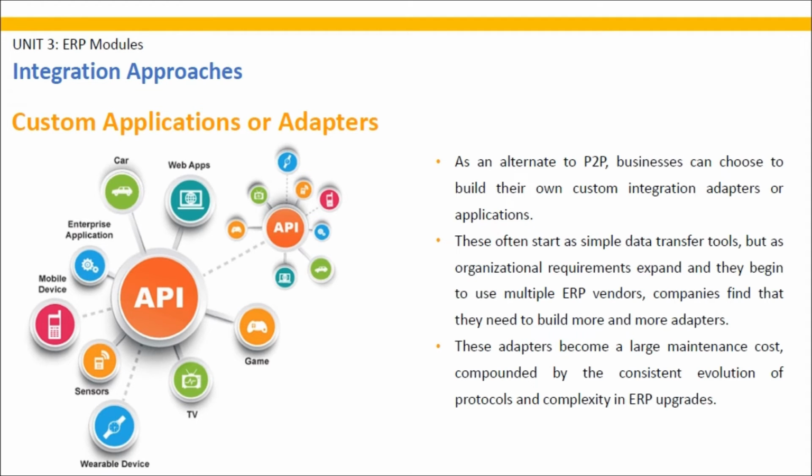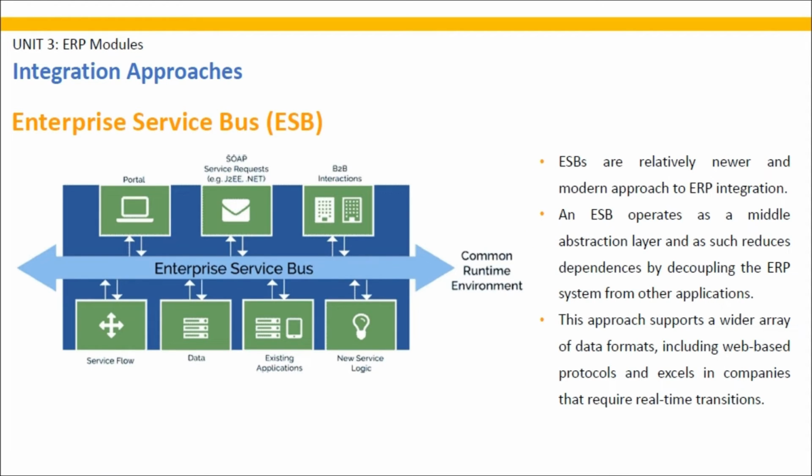When it comes to the more focused enterprise service bus, this is a relatively newer, modern approach to ERP integration. The enterprise service bus operates as a middle abstraction layer, or what we call middleware, and as such reduces dependencies by decoupling the ERP systems from other applications.